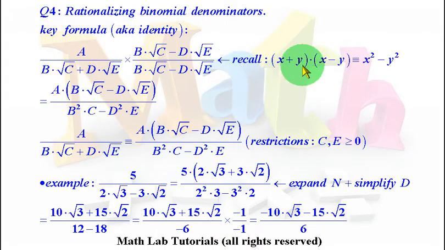Now x squared is b squared root c squared, which is just b squared c. And y squared is just d squared root e squared, which is d squared e. And there you go. That's the x squared minus y squared.